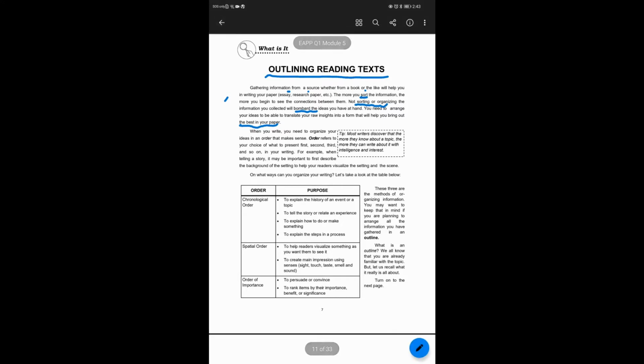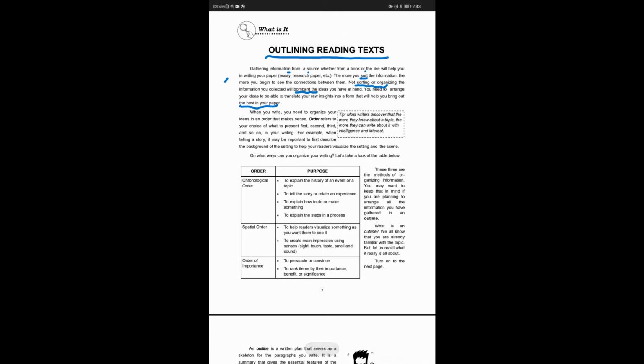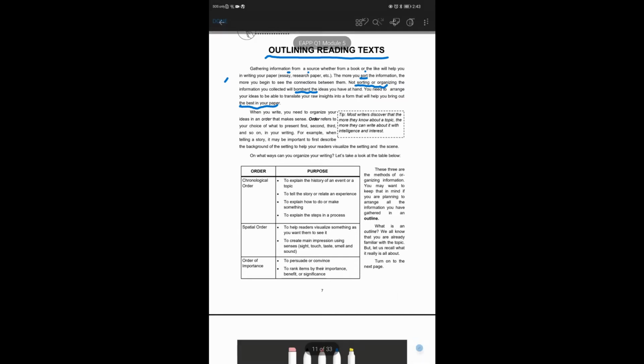Okay, let's continue. When you write, you need to organize your ideas in an order that makes sense. Again, order refers to your choice of what to present first, second, third, and so on in your writing. For example, when you are telling a story, it may be important to first describe the background of the setting.